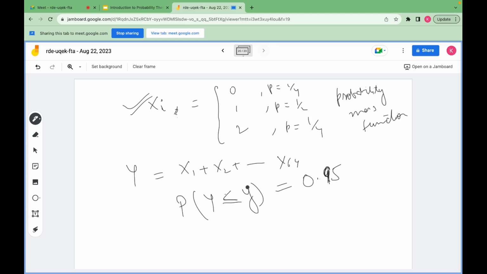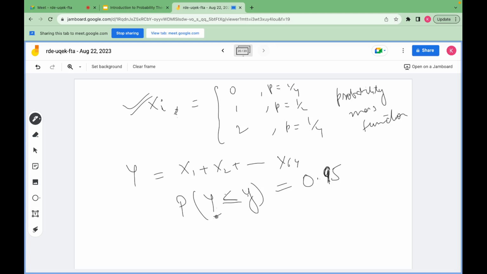So we know that we want that there will be no shortage. Okay, so this shortage will only happen when this will be less than the number of sandwiches required.